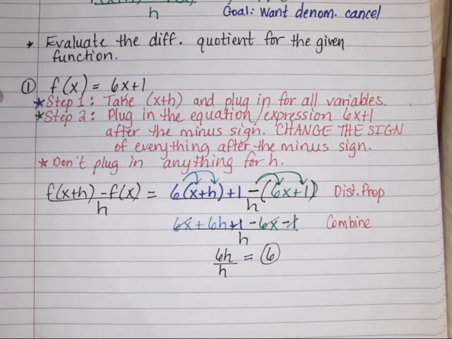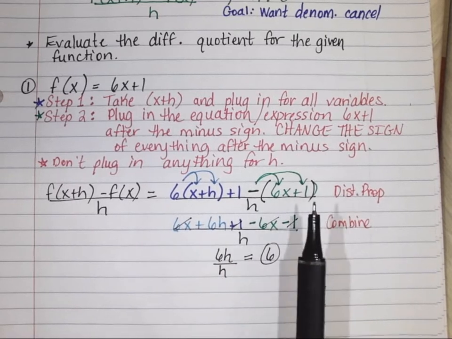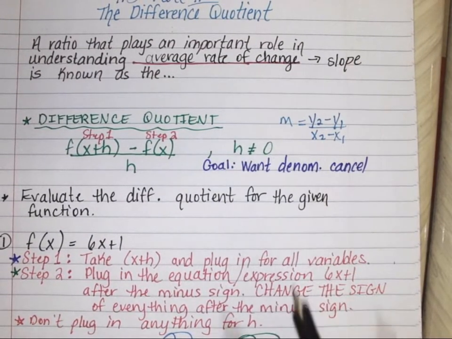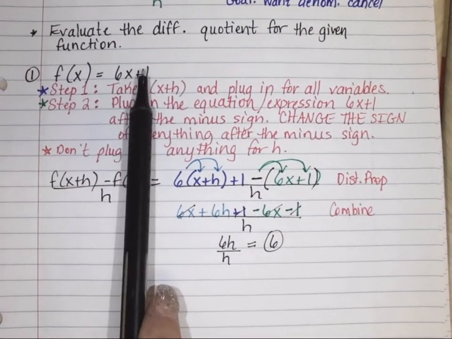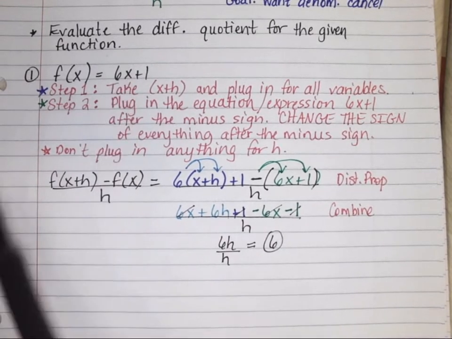Now, when I go back and show you something really cool, I told you that the difference quotient is another way of finding average rate of change or slope. If you will recall, this is in slope-intercept form, where your slope is 6.